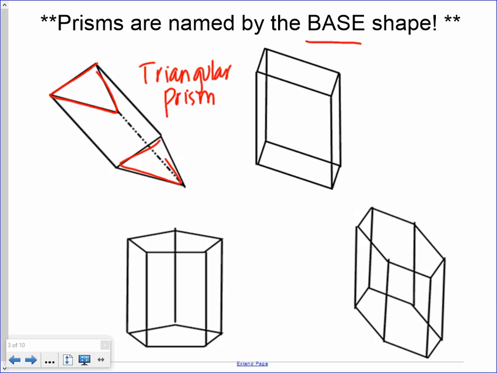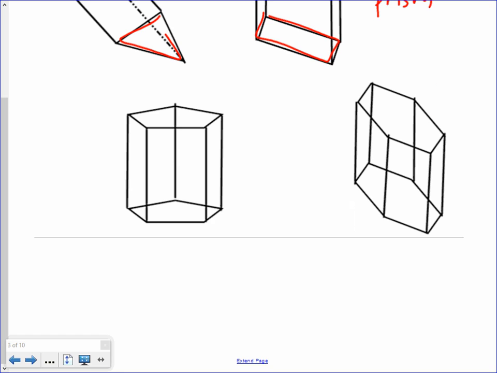This one here looks like a cereal box. What kind of prism would that be? Jacob? Rectangular. And on that one, I don't really know which are the bases; the bases would be these little skinny ones. Down here, the third one. Riley? Careful.